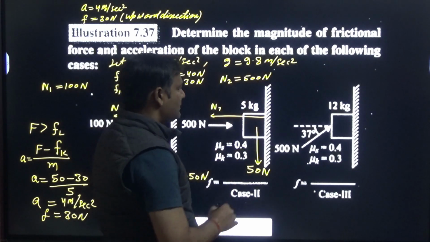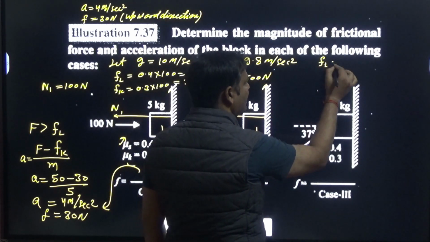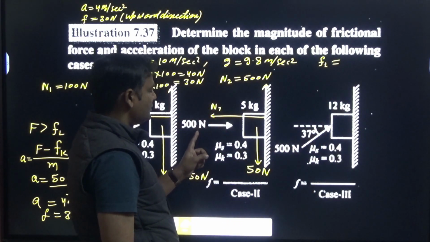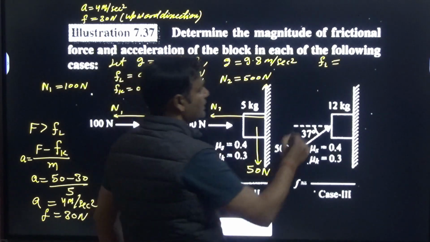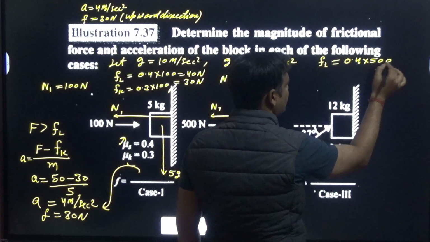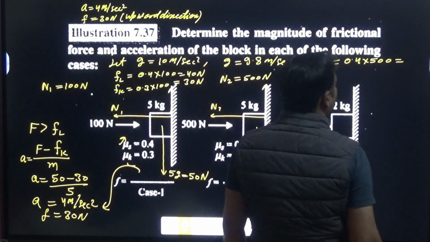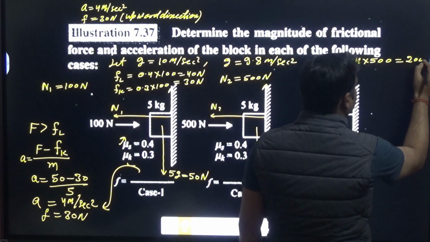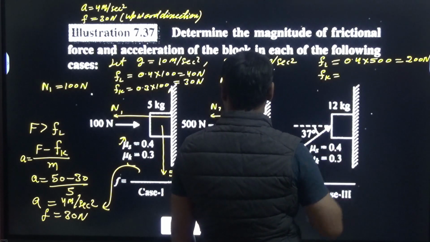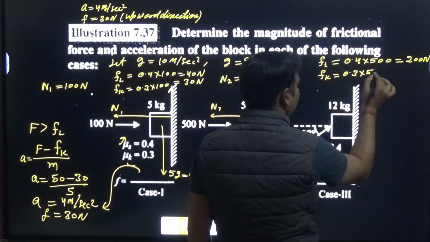Here the limiting friction FL is 0.4 into N2, that is 0.4 into 500, that is 200 Newton. And what about Fk? 0.3 into 500.